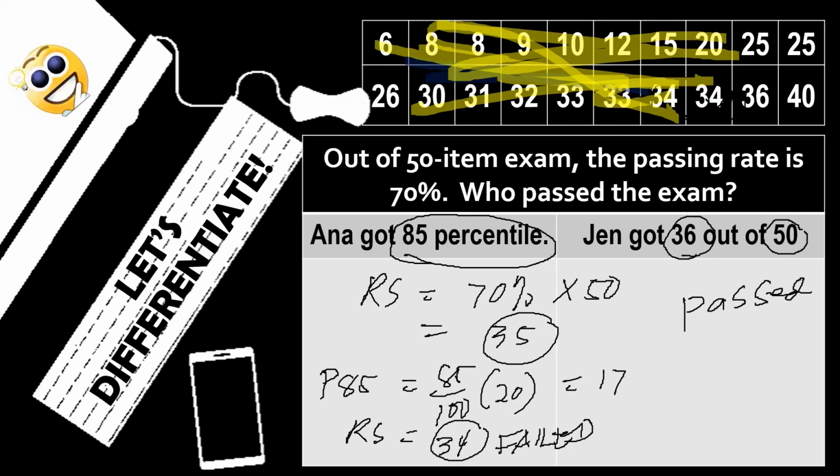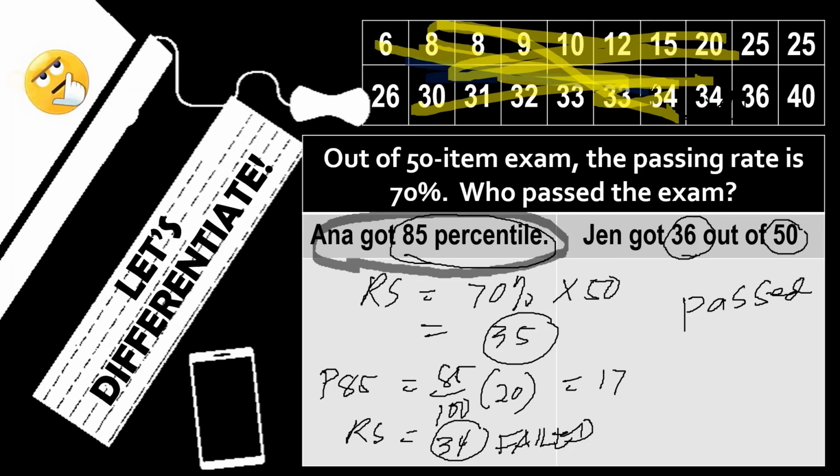So knowing that Anna got 85 percentile, can we determine whether she passed or failed? The fact that we do not know the scores, we do not know the list of scores. So of course we can't. We cannot determine whether she passed or failed.